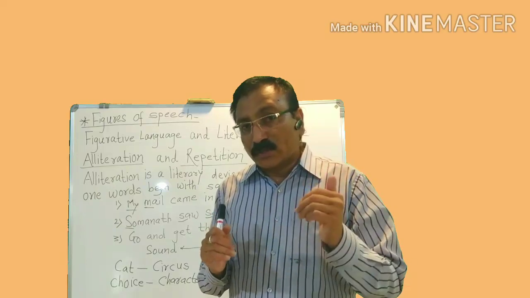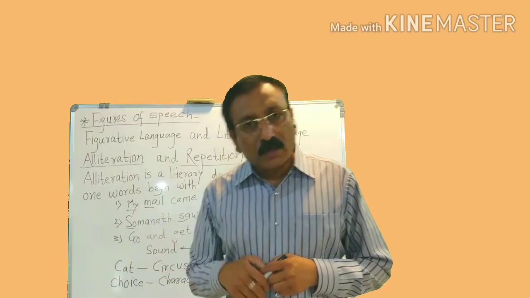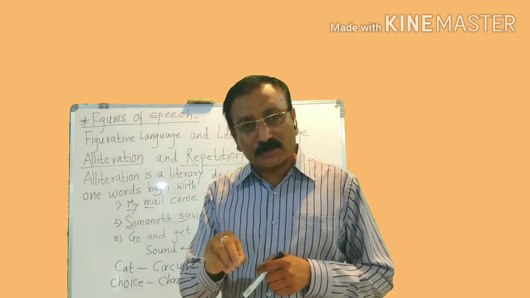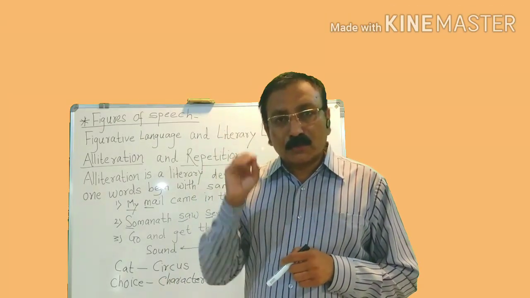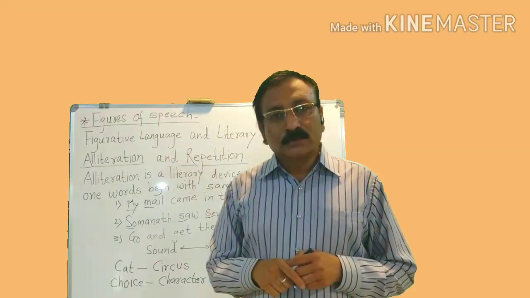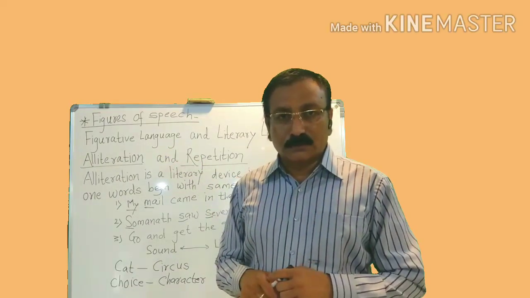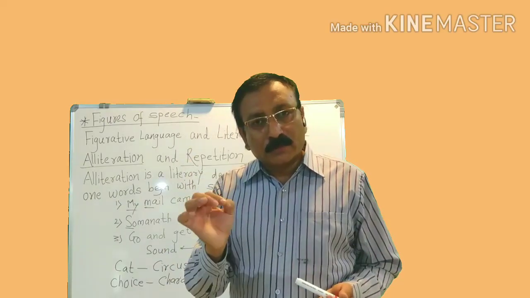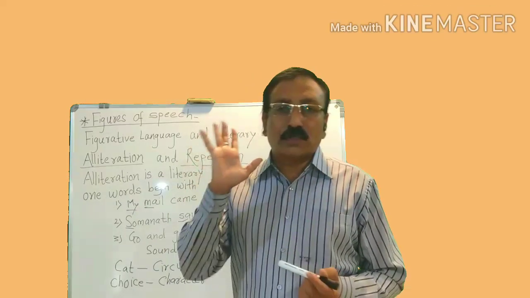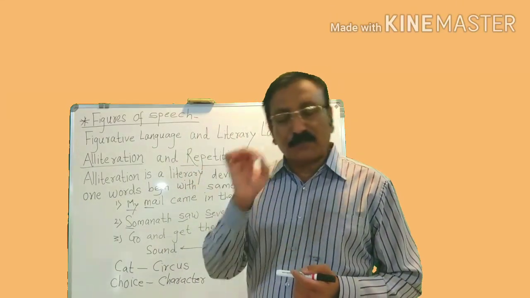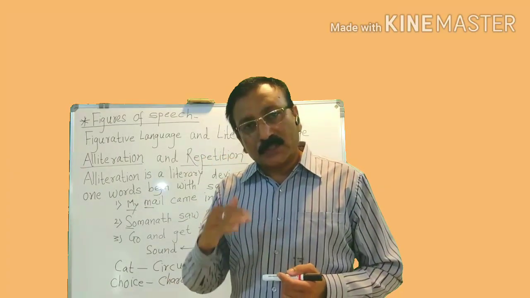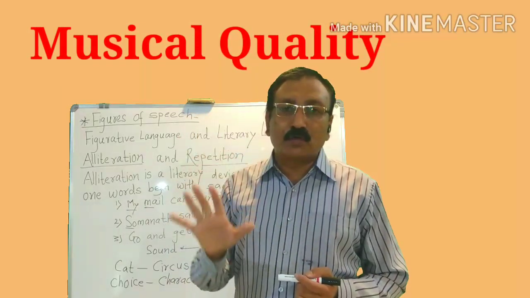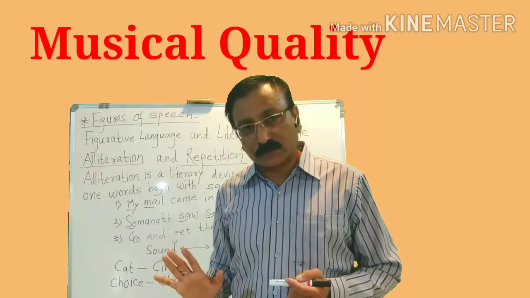So, the question arises in our mind, why do authors, why do poets make use of alliteration in their writing? The obvious reason is that when alliteration is used in poetry, in a piece of literature, it enhances the musical quality of that particular piece of literature.